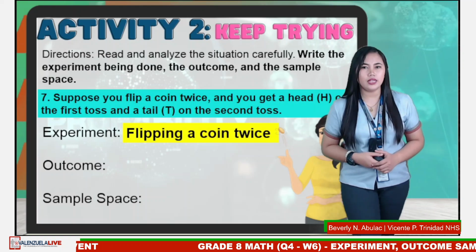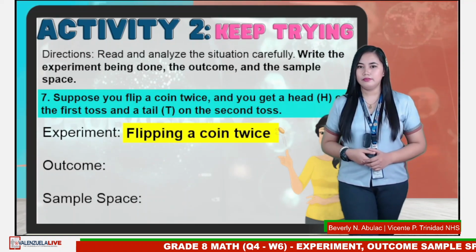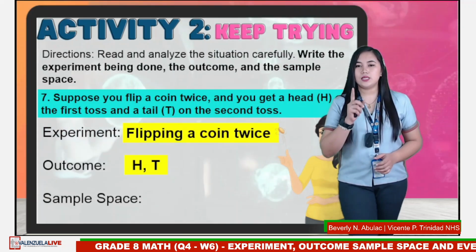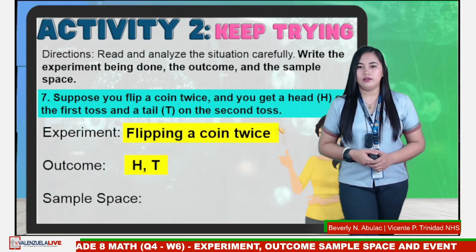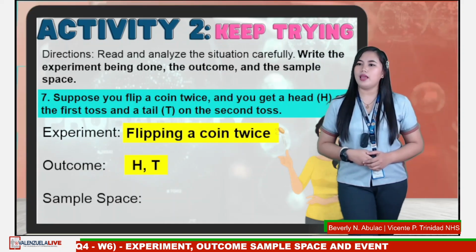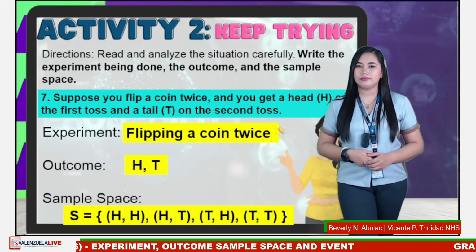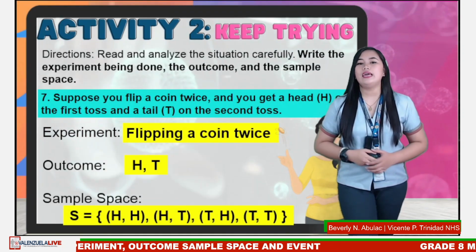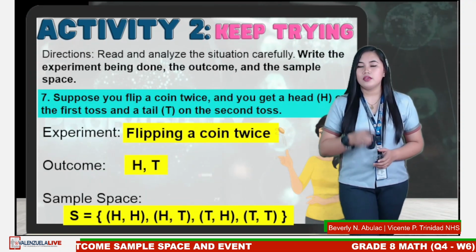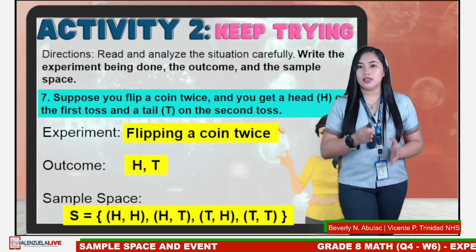What is the outcome? Very good. It's H and T, or head and tail. What is the sample space? That's correct. S equals {HH, HT, TH, TT}.